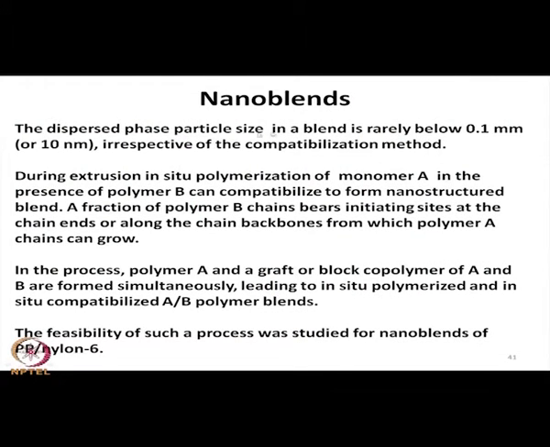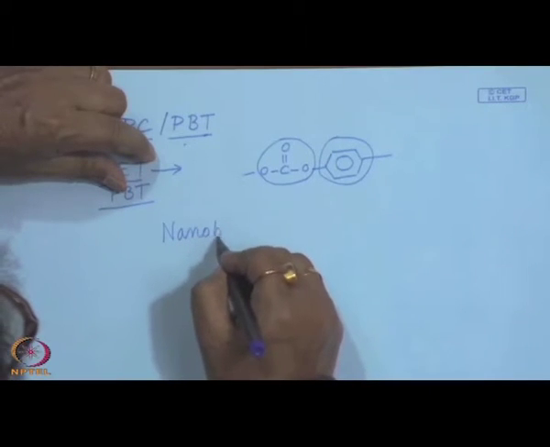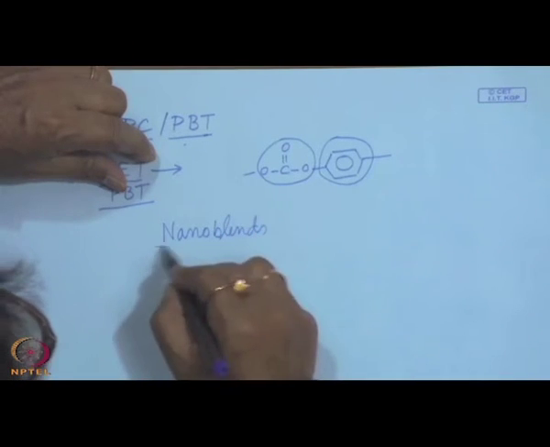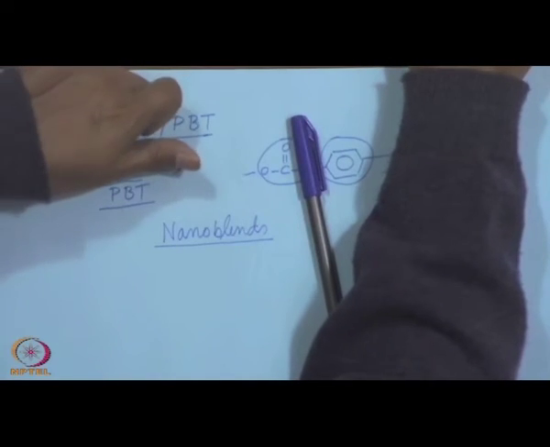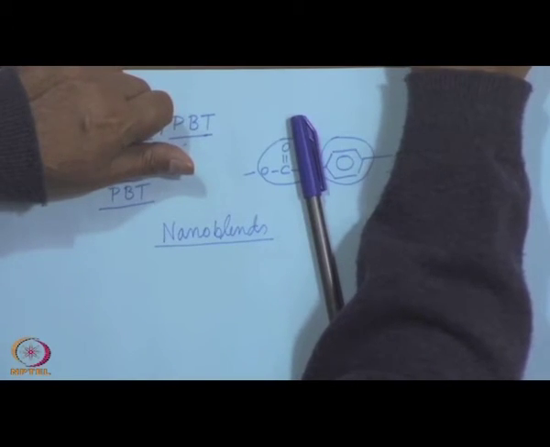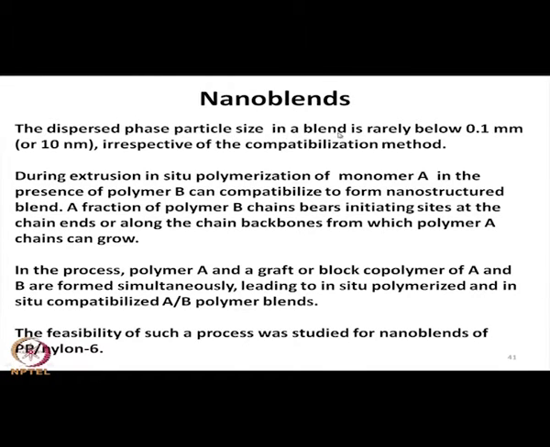Now, there can be nano blends. Now, the size of the dispersed phase particle in a blend is rarely below 0.1 millimeter, or say 0.1 millimeter or 10 nanometer, irrespective of the compatibilization method.